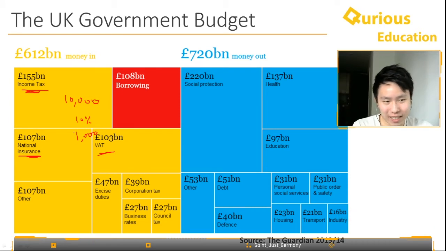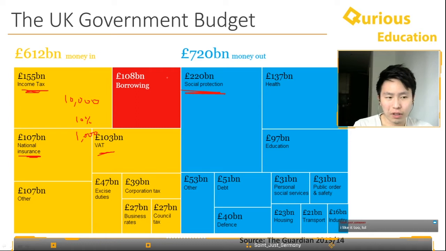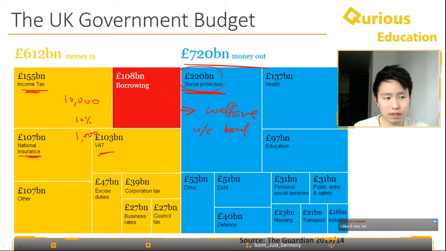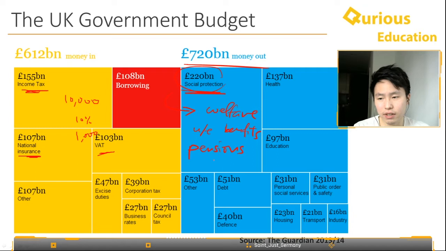Yeah, so that's how the money goes into the government in order to fund all of the spending that we have. So what does the government spend money on? The government spends money on social protection. Within social protection, this is basically welfare. That includes unemployment benefits, and then we've got pensions as well, for those people that are retired and still rely on support from the government monthly.